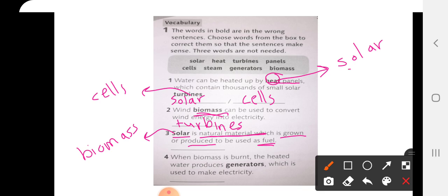Four. When biomass is burnt, the heated water produces generators. Are generators produced from heated water? No, of course not. What does hot water produce, let's say? What water produces?